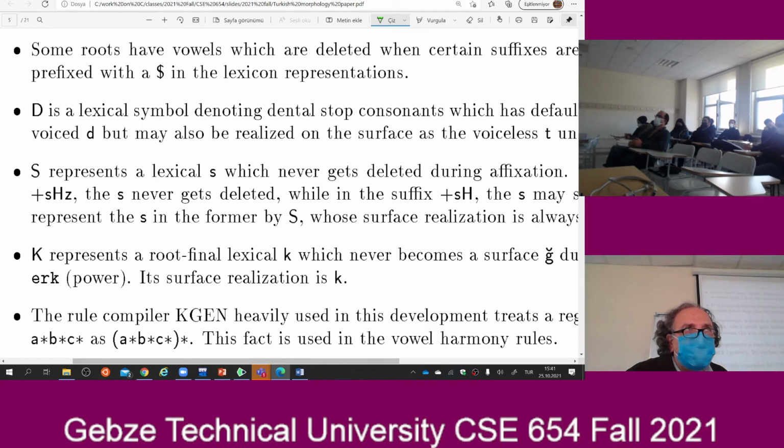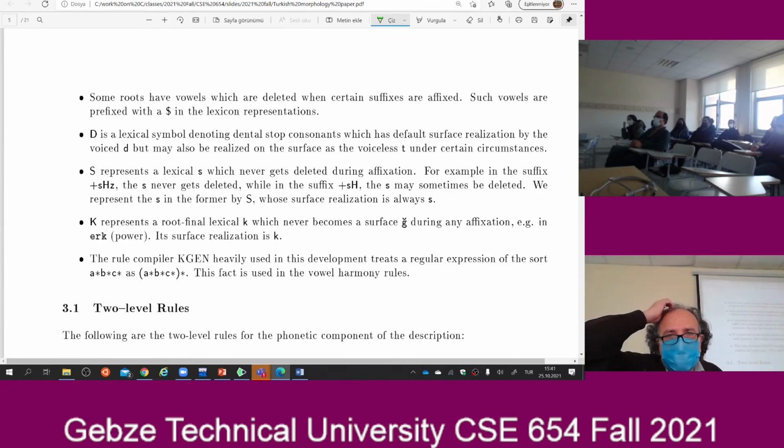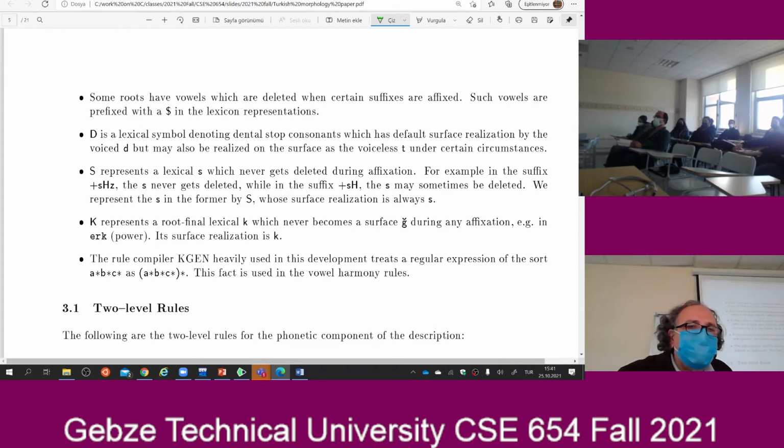For example, in the suffix, remember, H is I, İ, U, Ü. Siz, etc. In this case, S never gets deleted. We represent the S in the form by capital S. Let's see the examples, and we will come back to that. That will make more sense.